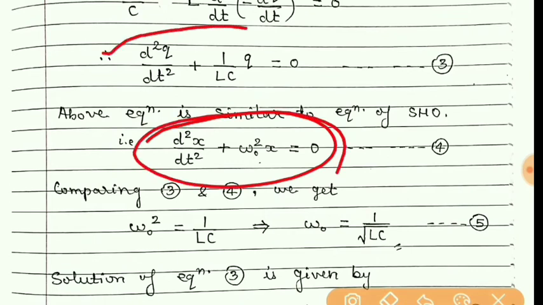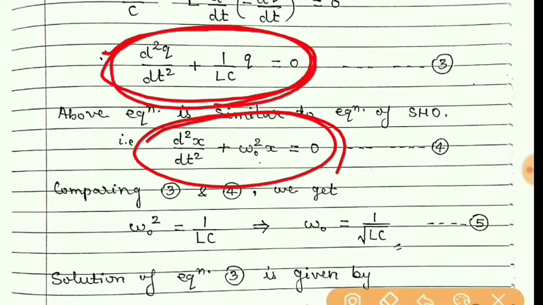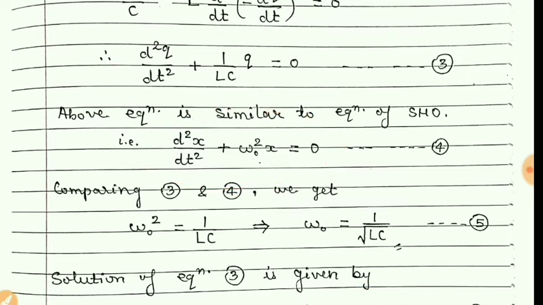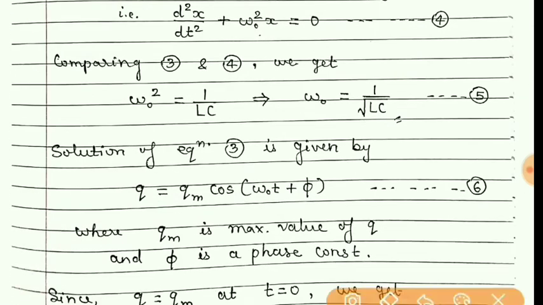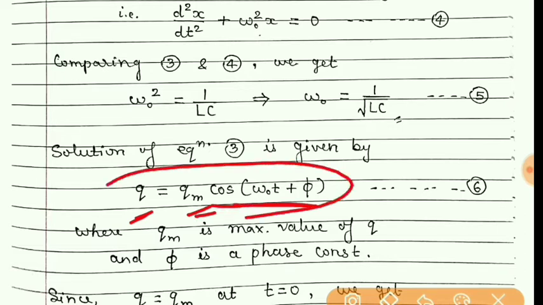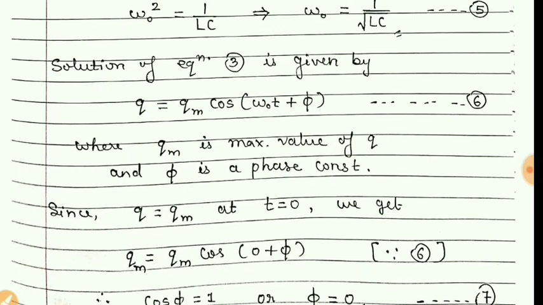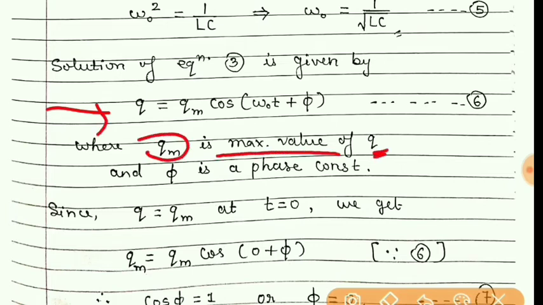So this equation of LC circuit has a solution, and that solution is given by Q is equal to Qm cos omega t plus phi. So this is the solution of equation number 3, where Qm is the maximum charge and phi is the phase constant, or we can say phase difference.